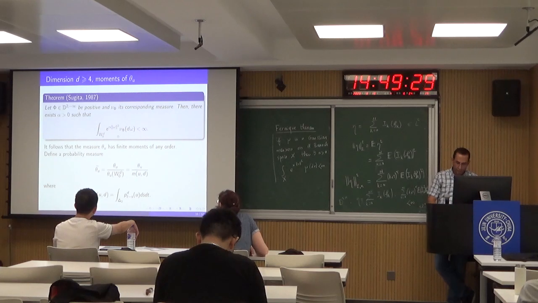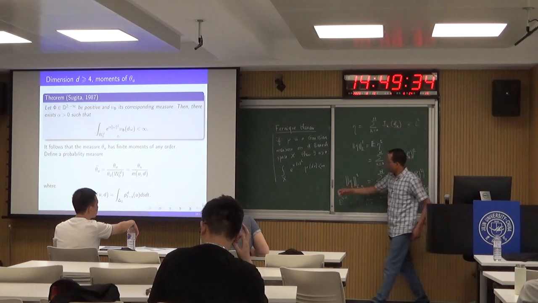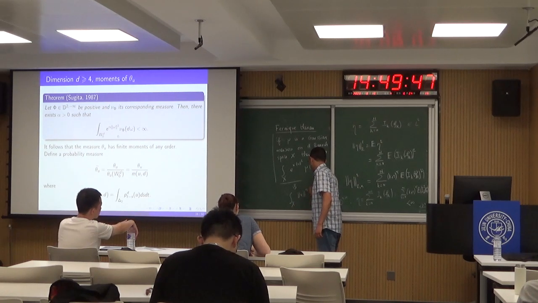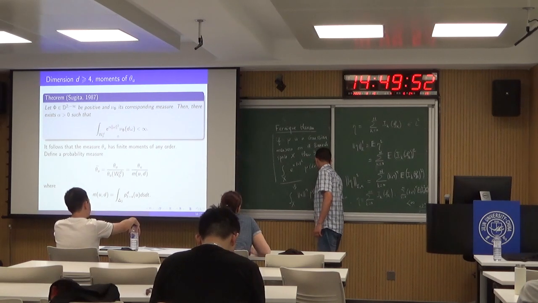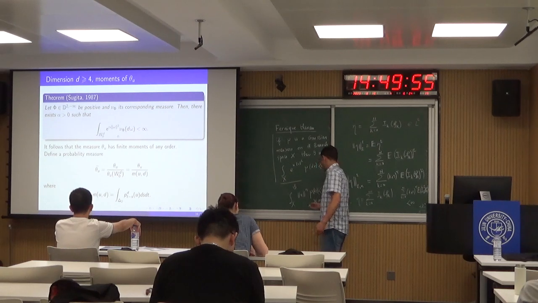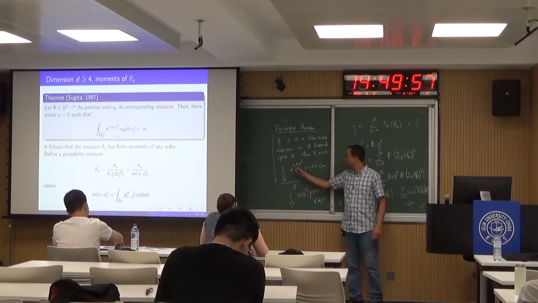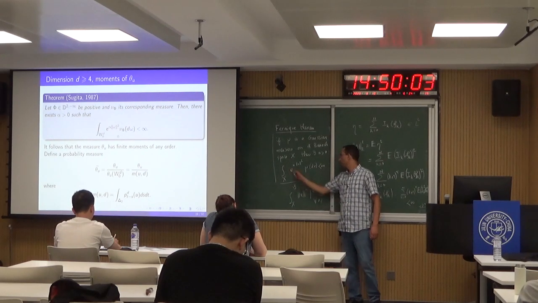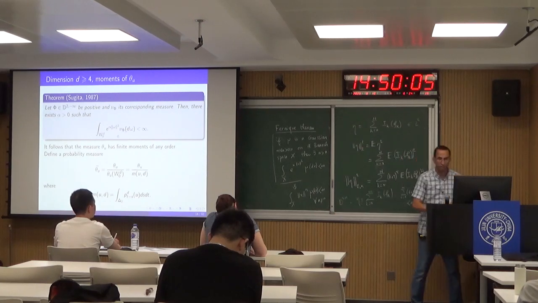As a consequence of this theorem, we deduce that if you consider moments for this measure, if you integrate, this is always finite. If this exponential function is integrable, then these are integrable, because they can be dominated by the exponential function.